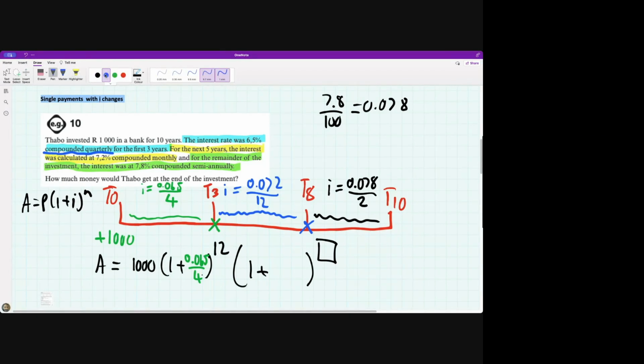Well, because I've left this part of town, I'm going here. I'm going to go 0.072 over 12. But I've got a problem. How many years does it take to go from a green cross to a blue cross?